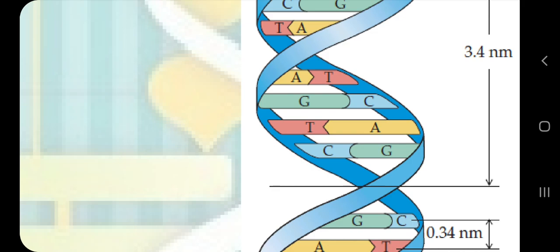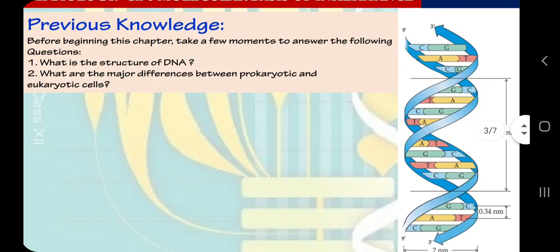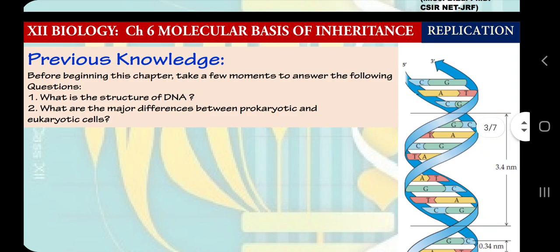If you are not aware about the ATGC base pairing, the double helix structure, the hydrogen bonds, two hydrogen bonds between A and T and three hydrogen bonds between G and C, the complementary base pairing and the anti-parallel nature of the two strands, please do watch all the videos or read your NCERT textbook for the elementary idea, because in this chapter, the molecular basis of inheritance, we need previous knowledge to understand the current topic.